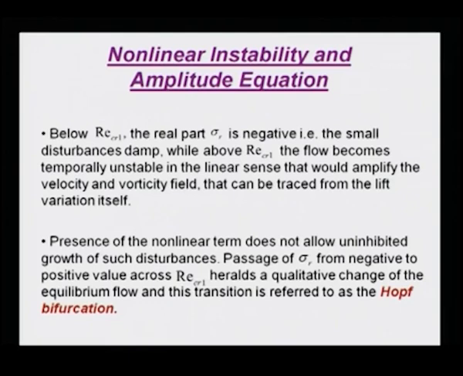So below Re critical 1, the real part sigma r is negative, so of course you don't have linear instability. While above Re critical 1, the flow becomes temporally unstable in the linear sense. That would amplify the velocity and vorticity field, and you can trace it from the lift variation itself, right?